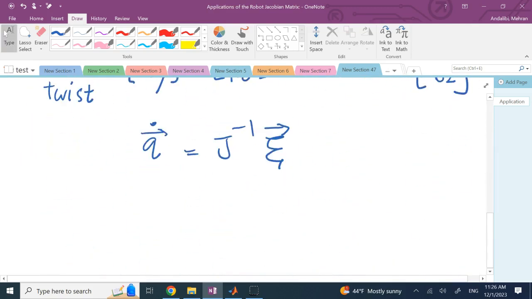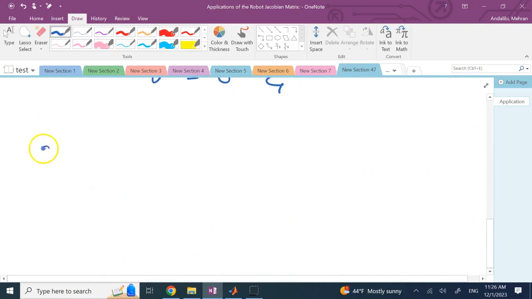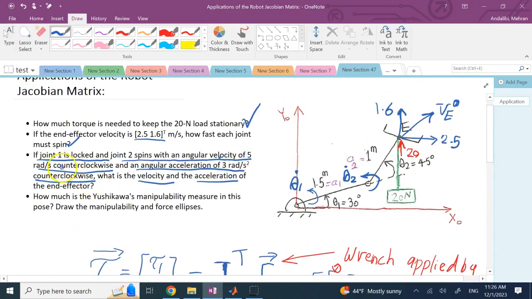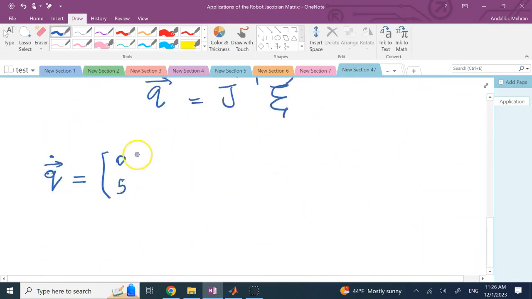Okay, so this is the direct velocity problem. This time your q dot is 0 for theta 1, and then positive 5 for theta 2 dot, right? And then q double dot is 0 and 3. Okay, the angular accelerations of the joints.